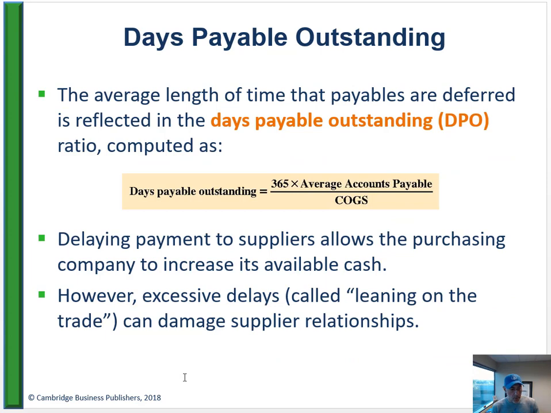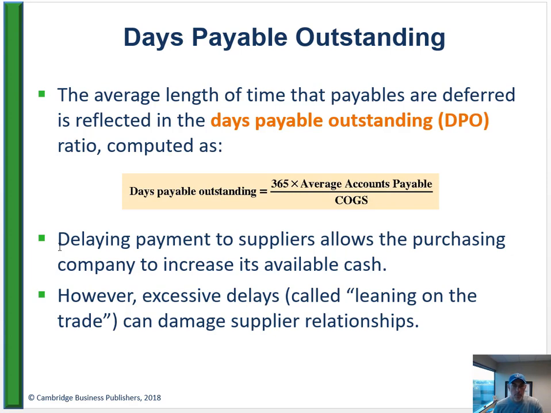Okay, let's look at days payable. Again, available on Morningstar. The calculation is days payable outstanding equals 365 times average accounts payable divided by our COGS. And these two bullet points at the bottom of slide number 5 are the core of the learning objective as it pertains to days payable outstanding.